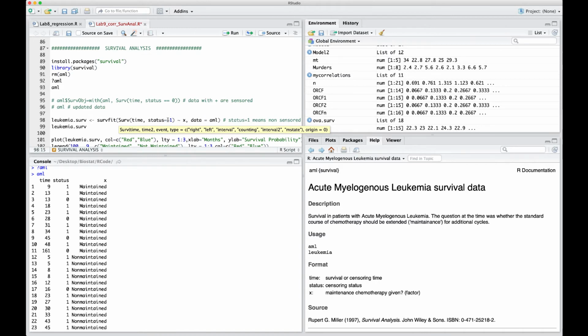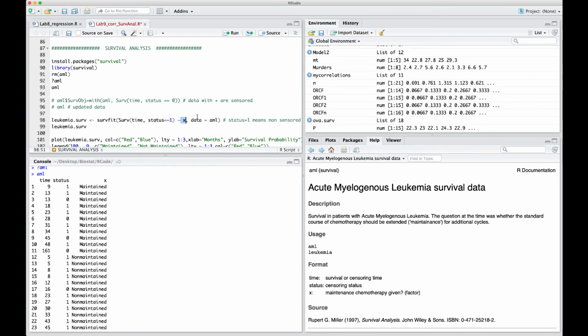Although I write status equals 1, you will plot both status equals 1 and 0, no worries about that. Versus x, meaning you will see two survival curves for maintained and not maintained. So x has two categories there, and you will be plotting the survival curve for both.